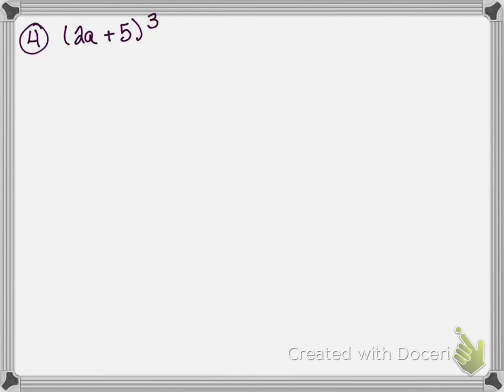Okay, now, this problem is a problem that students often will make a mistake because they get it confused with a different exponent rule. So I always like to talk about this problem. The wrong way to do this is to just give that 3 to everything.